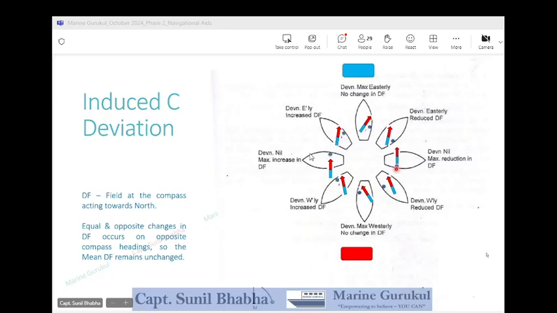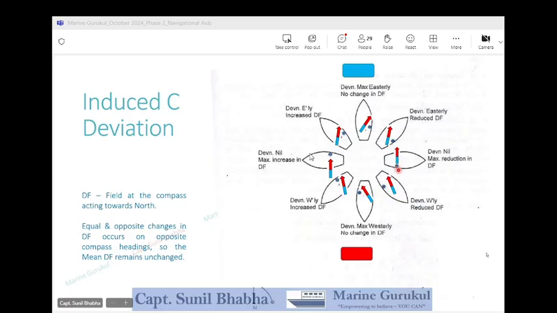But that is not the case. This pole is not able to generate any deviation at all, because the Earth's magnetic field, which is much more powerful as compared to this blue pole, keeps the compass pointing in the northerly direction. And the blue pole is not able to generate any kind of deviation.